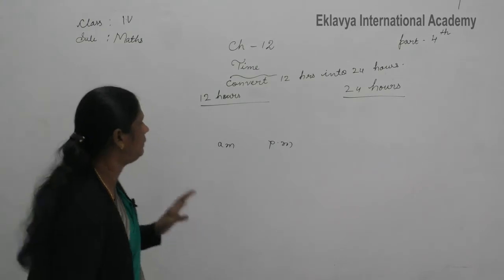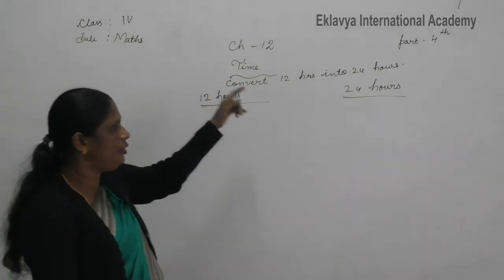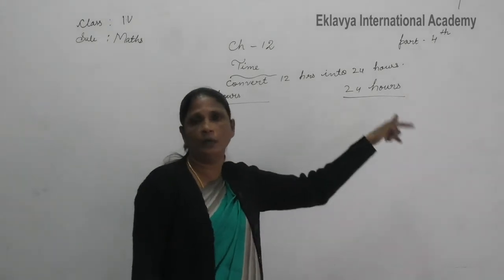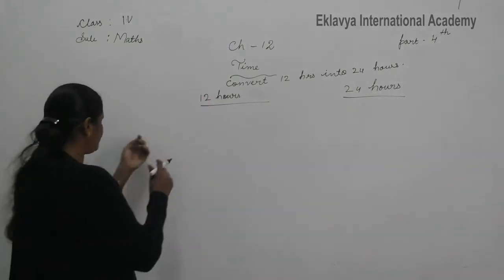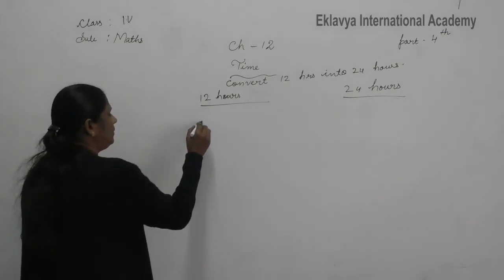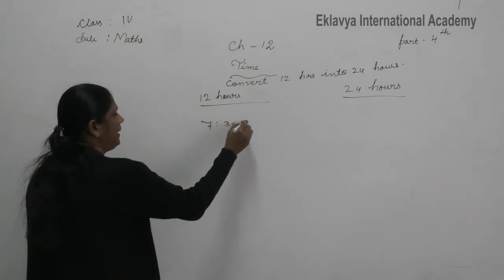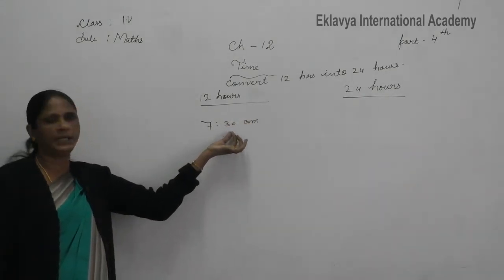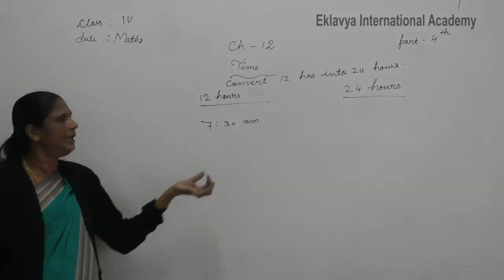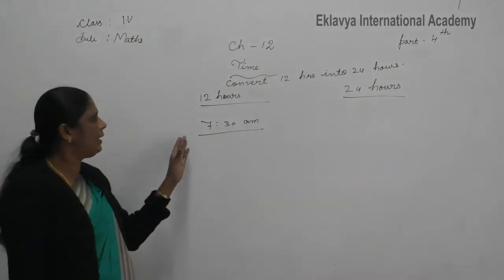Now we convert 12 hours time into 24 hours time. First we take 7:30 AM. Here AM is given.